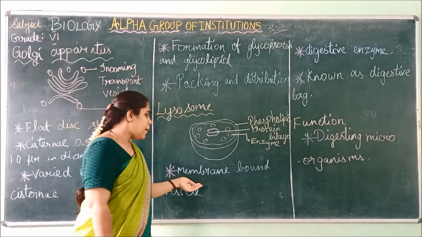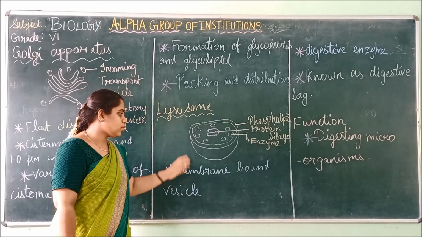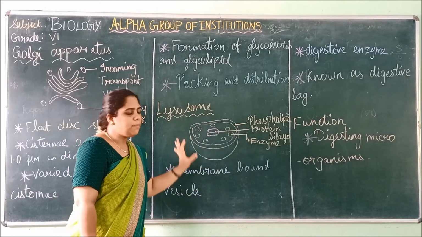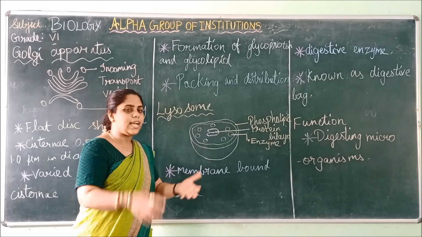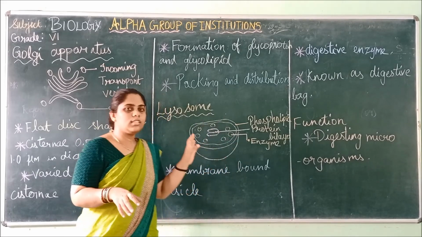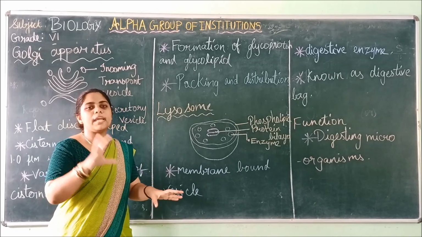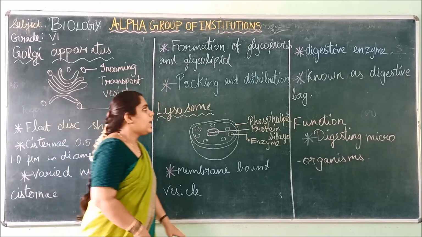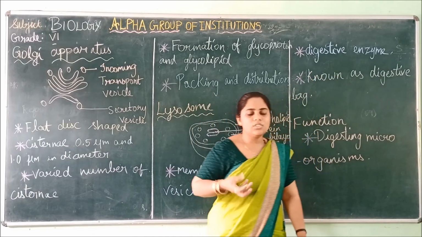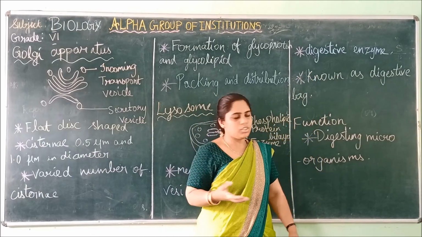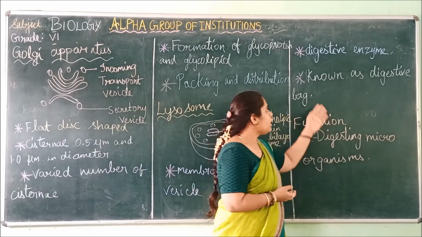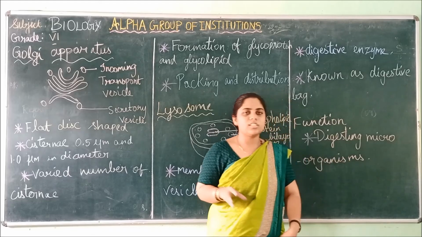It is a membrane bound vesicle. Why is it called a membrane bound vesicle? Because it is round in shape, so it is called a vesicle, and it has a membrane with two layers of lipid. So it is called a membrane bound vesicle. Like I already told you, it produces digestive enzymes for digestion, and it is known as the digestive bag.